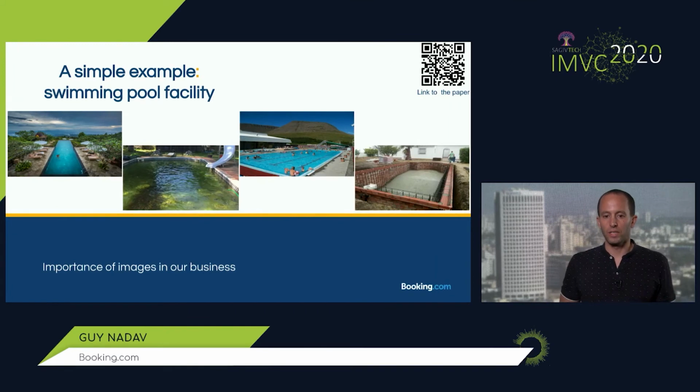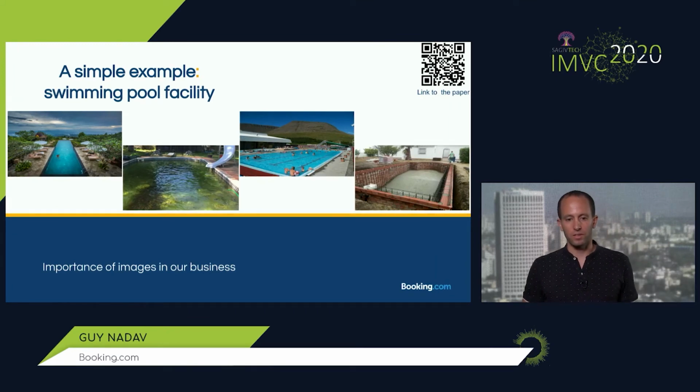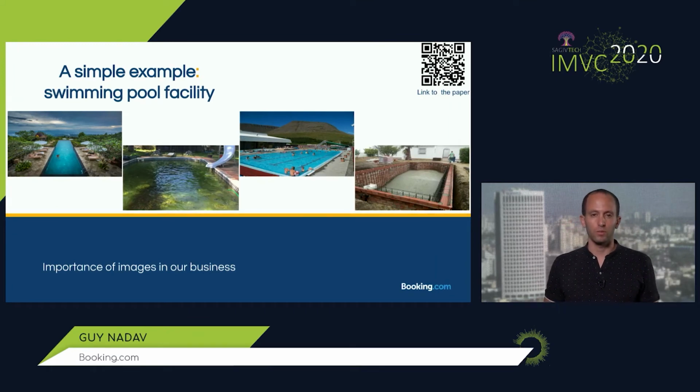To motivate why images are so interesting in our setting, consider images of a swimming pool. Swimming pool is quite an important facility for our business, as it plays a major role in the decision of booking an accommodation. When users view the images in this slide, for instance, they can learn a lot about the difference between the swimming pools.